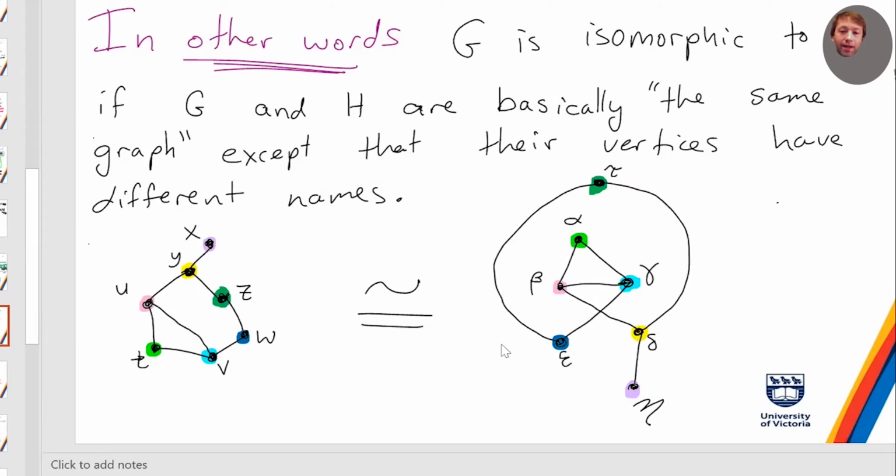What I would write is that f of t is alpha, f of u is beta, and I would just write this whole list, and then that would be an isomorphism. Is it clear that these are practically the same graph, except that they have different names on the vertices? That's what isomorphism means.